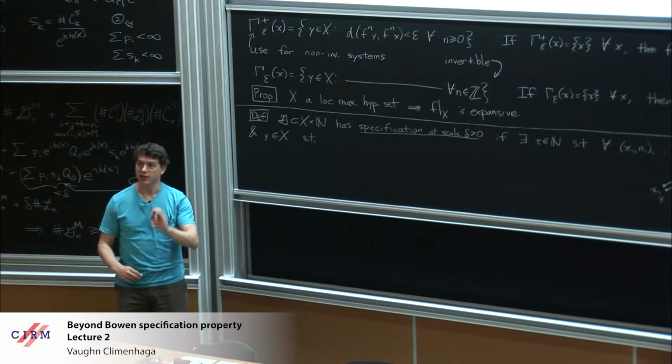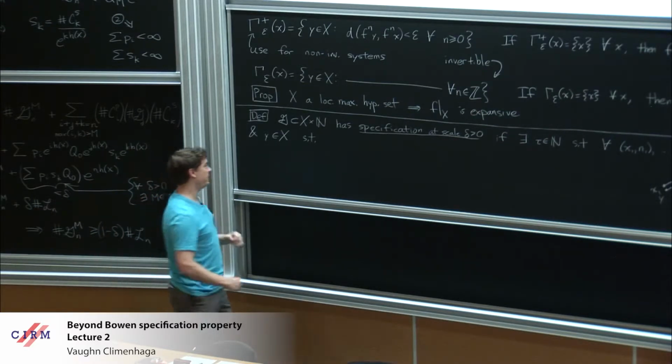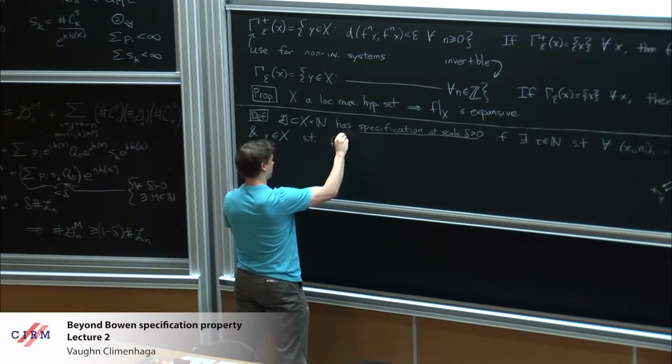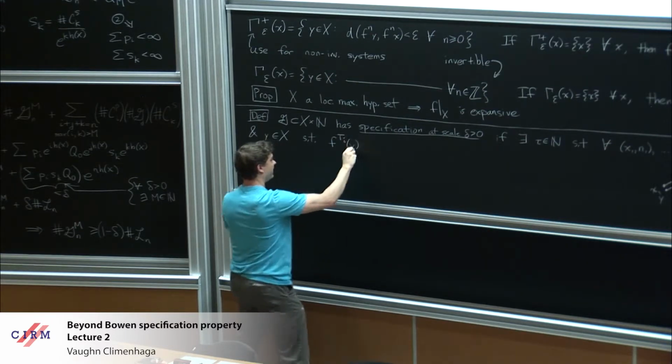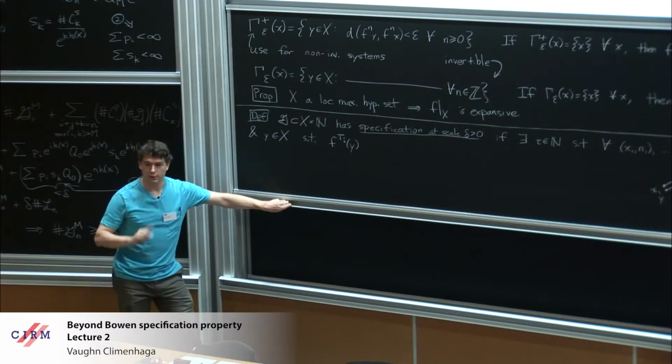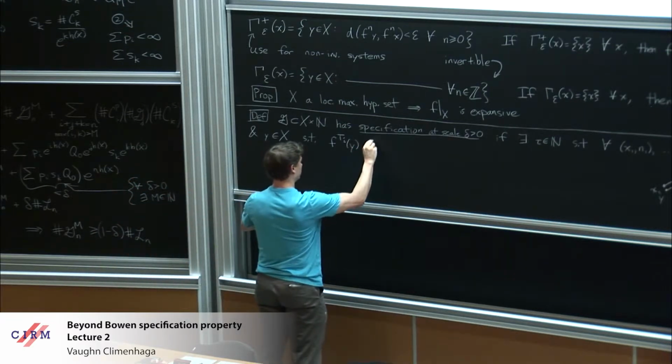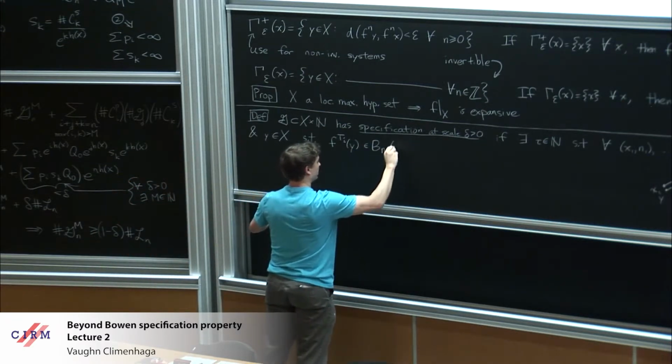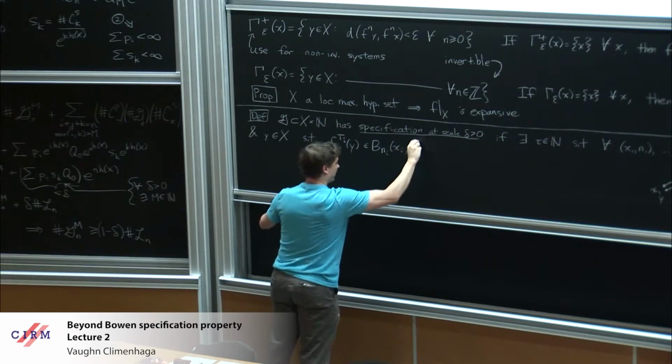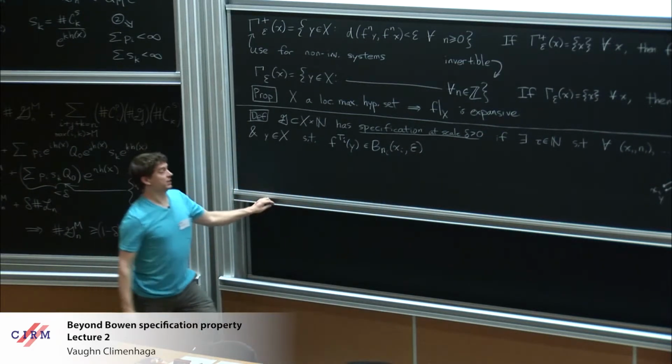The first is that I should have this shadowing property. So if I take the iterate of y at time ti, this should lie in the Bowen ball of order ni around the point xi.